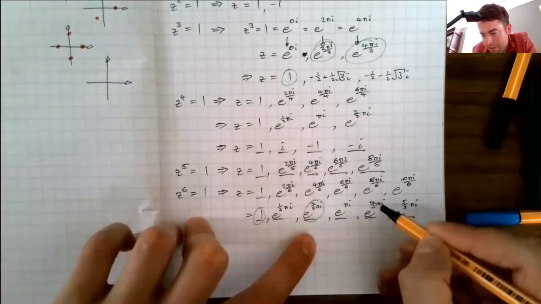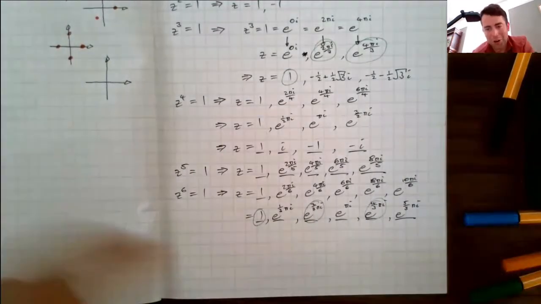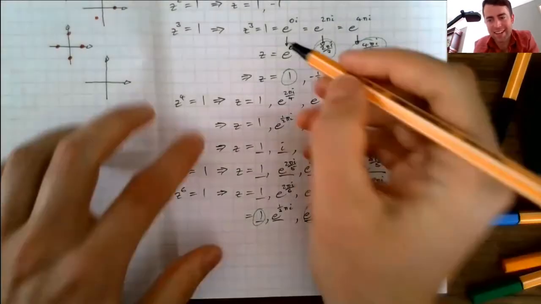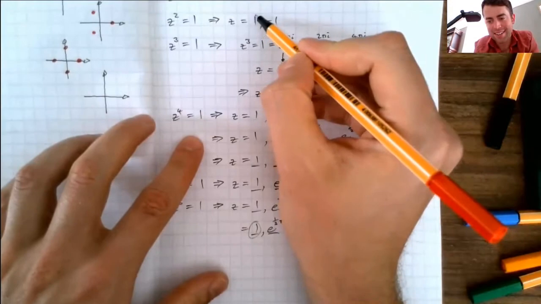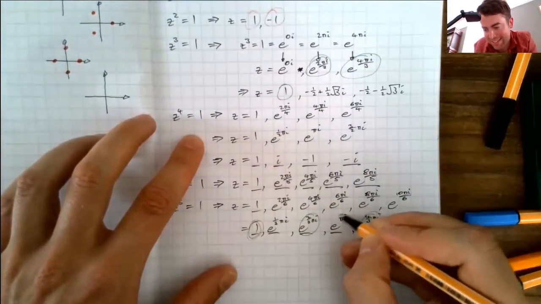We've also got within here the 2nd roots of unity. We've got 1 and -1, being that one and that one.